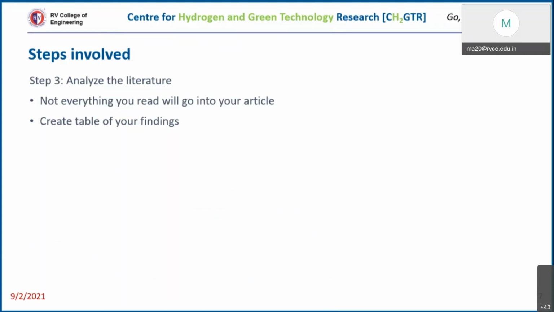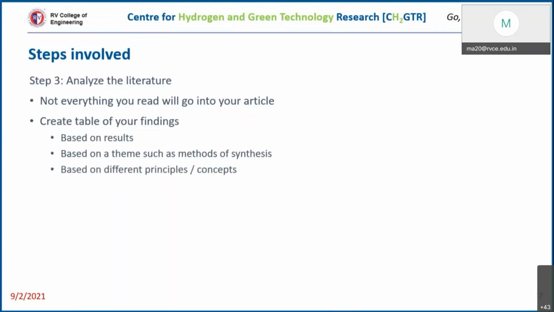can be easily assimilated if you present it in the form of a table, right? Create a table of your findings. It could be based on the results, or based on a theme. Say, suppose you're working on nanomaterials, so there are different methods of synthesis. You try to make a table, segregating or categorizing the information based on such themes.